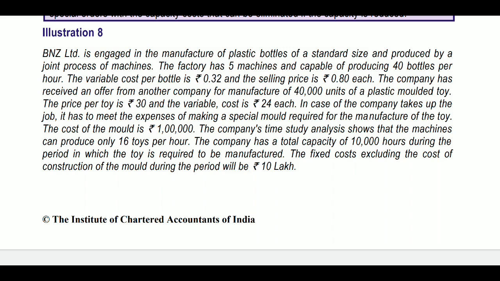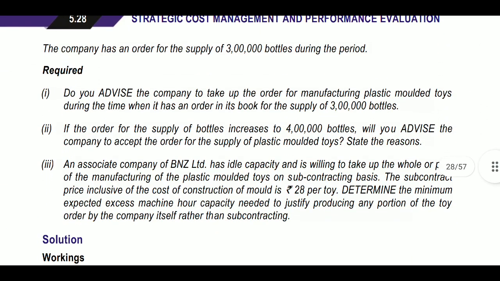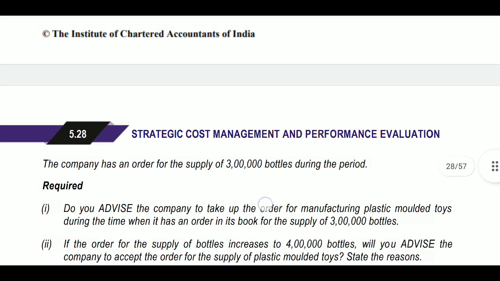Then the fixed cost excluding the cost of construction of molds during the period will be 10 lakhs. The company has ordered for supply of 3 lakh bottles during the period. For producing these 3 lakhs, how many hours will we require?